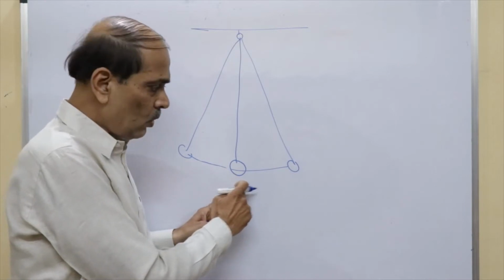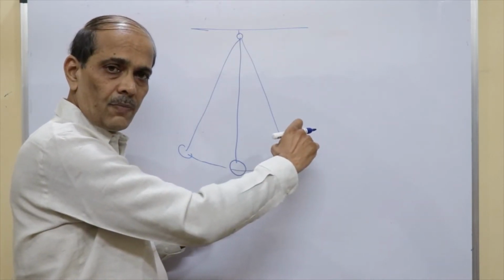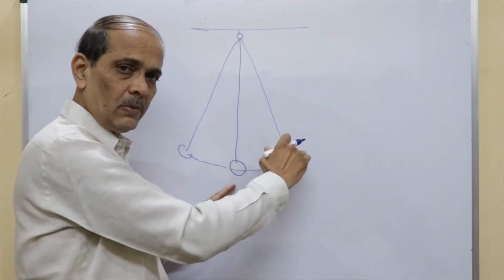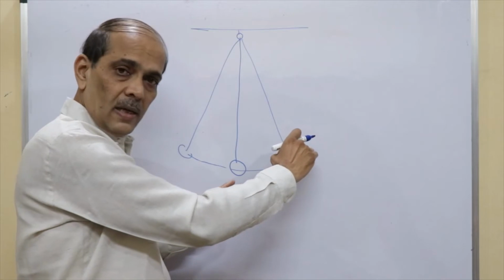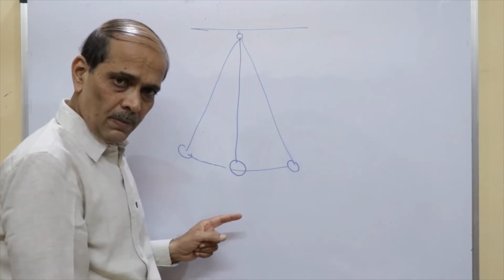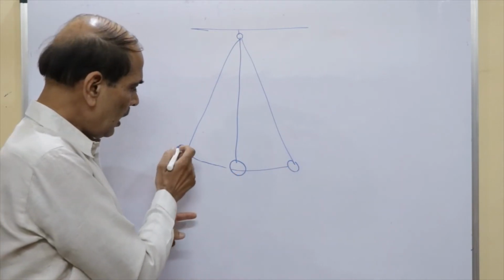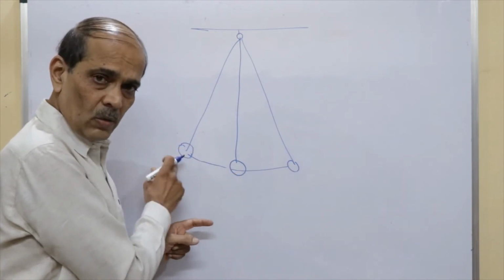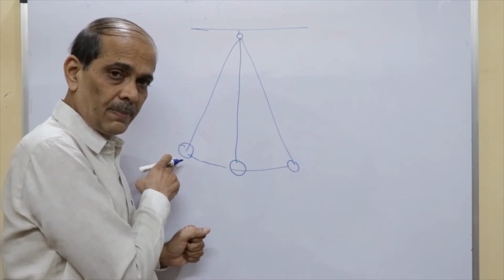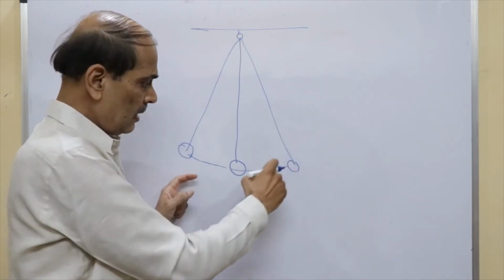From the mean position it goes to the highest point, so it has maximum potential energy now, and it comes down or descends due to gravitational pull, comes back to the mean position, goes to the other extreme high, again goes to the maximum of its own potential energy, and then comes to kinetic energy and comes back.